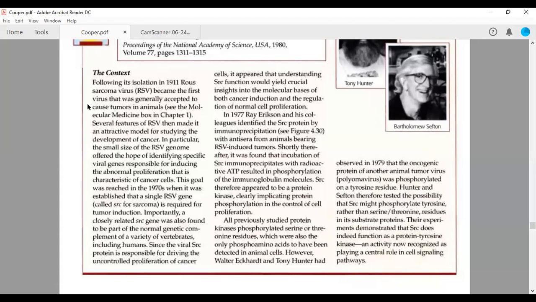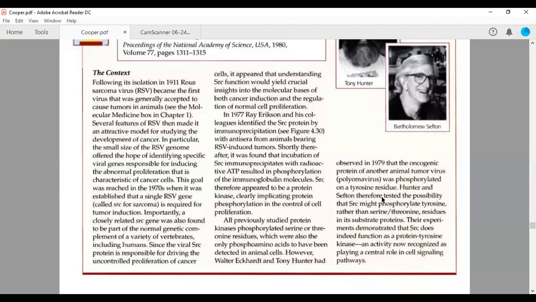They were so confident about this phosphotyrosine or tyrosine kinase activity of these receptors that they already had an idea before doing the experiments. These two scientists were working on this model in 1979, and they were getting results that the tyrosine residue was phosphorylated.